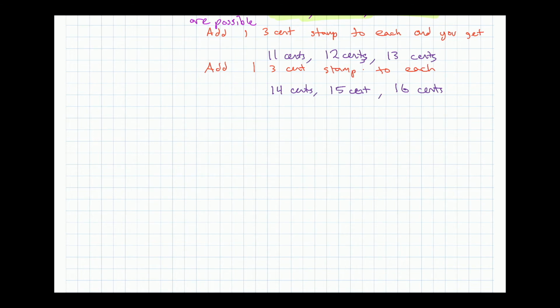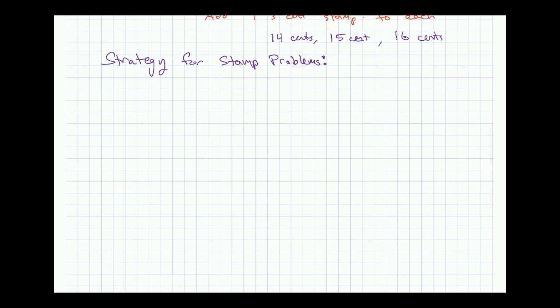Okay, so our strategy for this problem is going to be as follows. Strategy for stamps problems. All right, so the first step is kind of optional here, but we'll do it. So first thing to do is figure out the minimum postage that you can make.